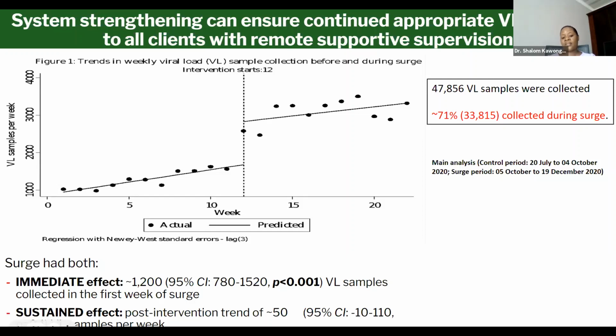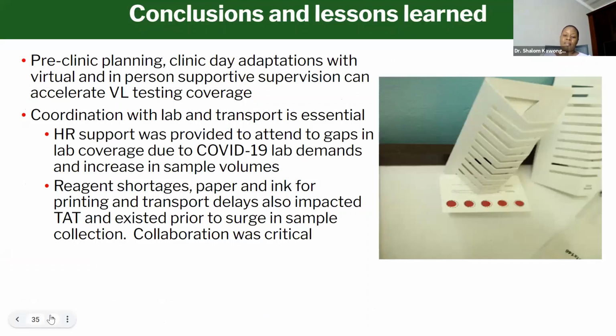So post-intervention, the trend continued to be that of increasing. So we had an additional 50 samples on top of the 1,200, about 50 more viral load samples being collected each week post the surge. Next slide. So that was our main result.